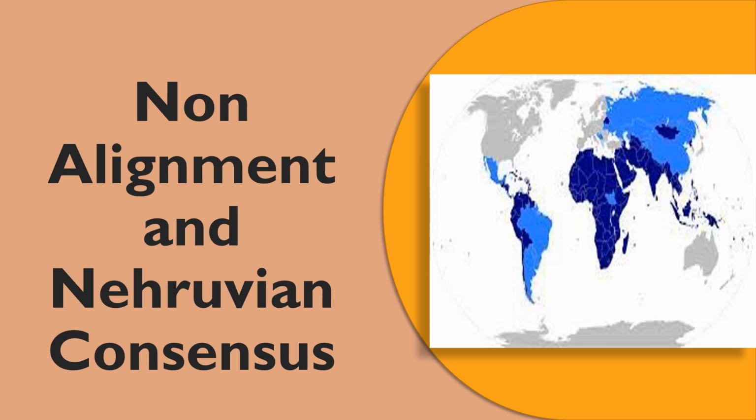There was a coherence, rather a consonance, of the goals and instruments of Indian foreign policy until nearly the 1970s, when the so-called Nehruvian consensus broke down.